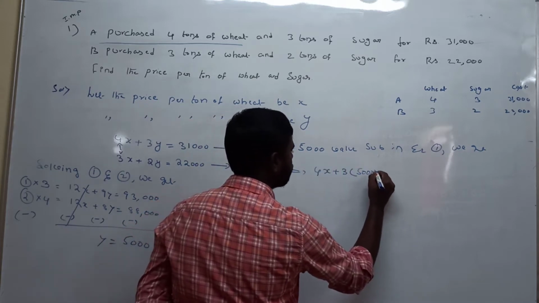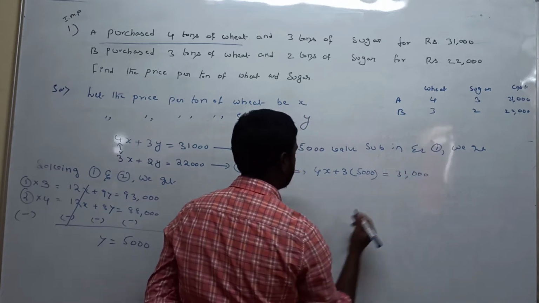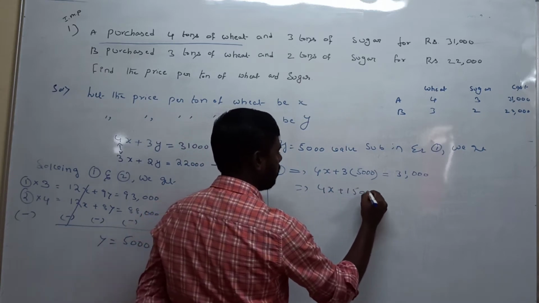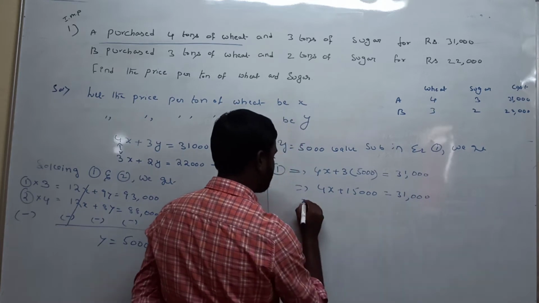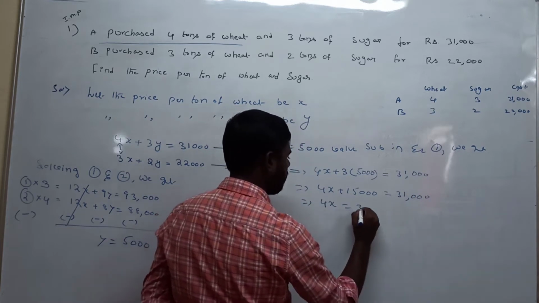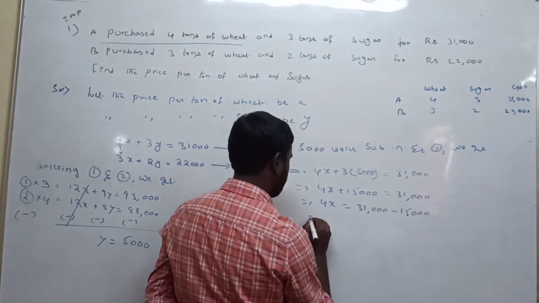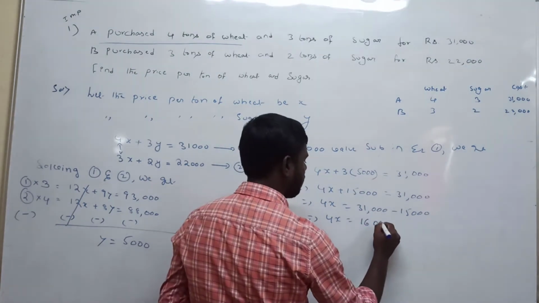So in place of y, substitute the value. The total amount is 31,000, which is equal to 4x plus 3 fives are 15,000, is equal to 31,000. So 15,000 take to that side: minus 15,000. 31,000 minus 15,000 is 16,000, so 4x is equal to 16,000.